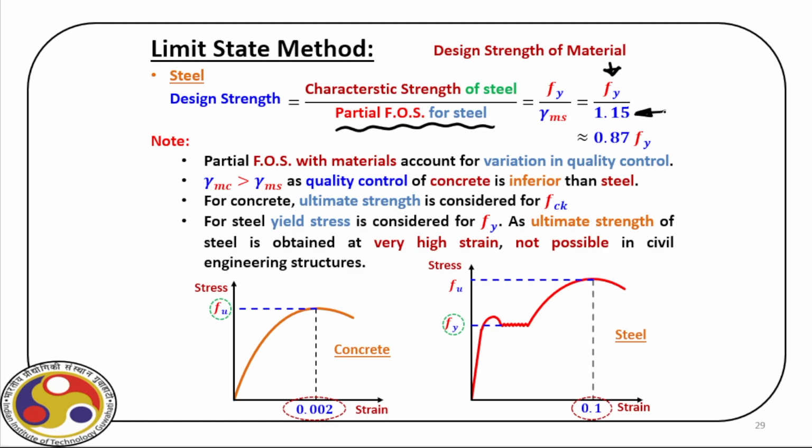The reason is, in case of steel, it comes from a production line where we have better quality control, and that's why we have a lower value of gamma ms. If we apply this factor over Fy, we get 0.87 times Fy, which is the design strength of the steel that we are going to use.